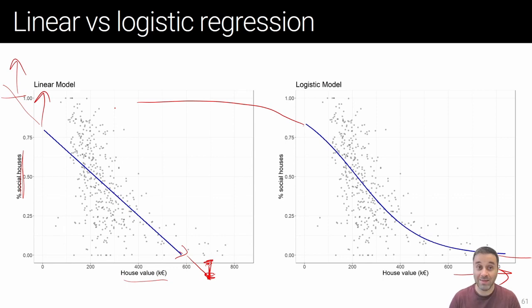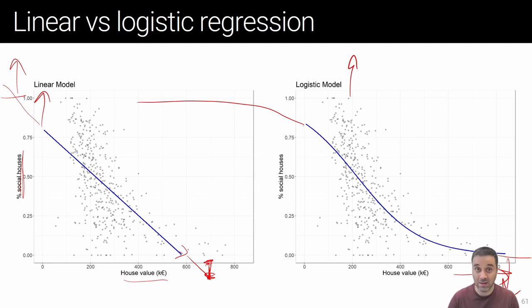So this is by design going to give us a response, a prediction, that is always going to be bounded between 0 and 1. So this is going to be a better model for this kind of data in which it doesn't make sense to go above 1 or below 0. This is by design. We don't have to care about the funny things to do with the predictions here in the linear model.